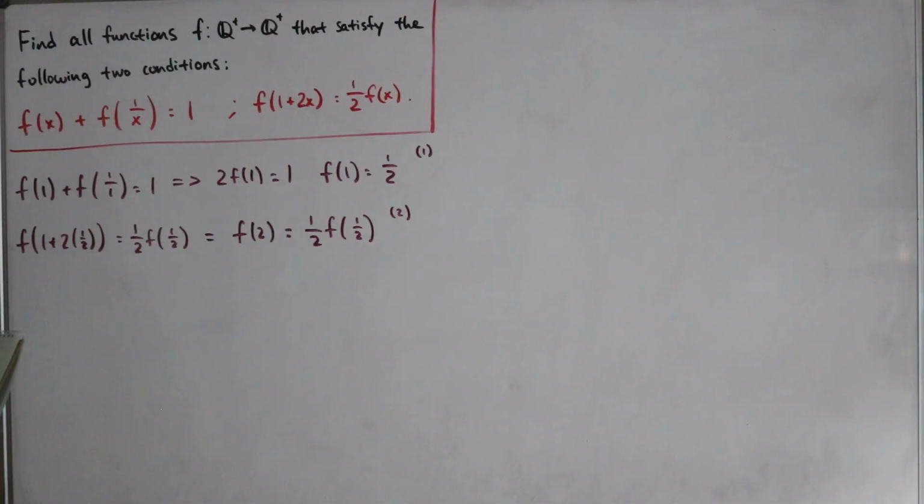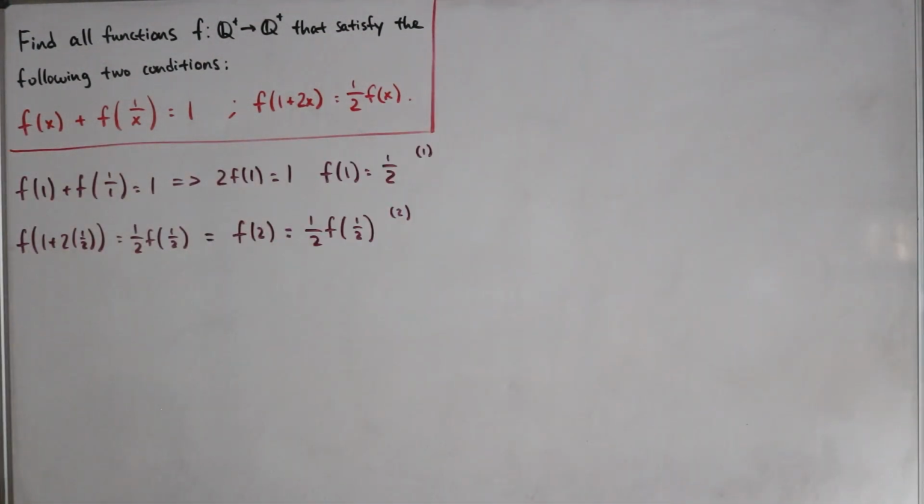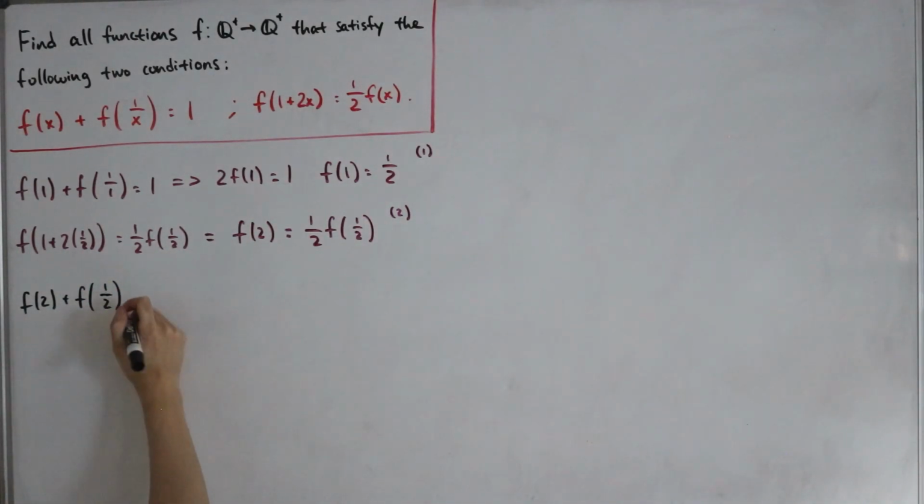Now let's plug x equals 2 and x equals 1/2 into the first equation. Plugging in x equals 2, we get f of 2 plus f of 1/2 equal to 1.